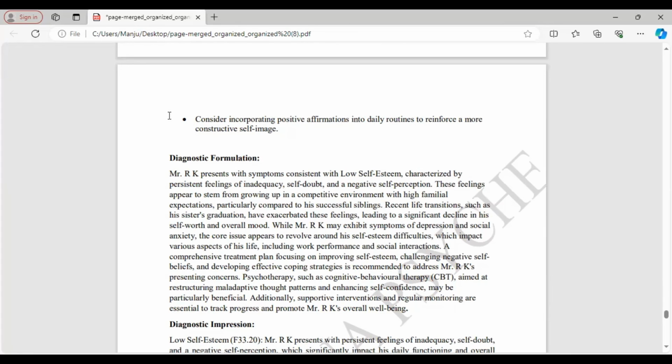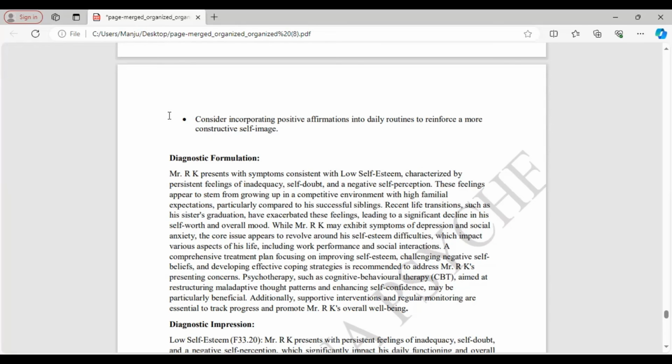While Mr. RK may exhibit symptoms of depression and social anxiety, the core issue appears to revolve around his self esteem difficulties, which impact various aspects of his life, including work performance and social interactions. A comprehensive treatment plan focusing on improving self esteem, challenging negative self beliefs, and developing effective coping strategies is recommended to address Mr. RK's presenting concerns.